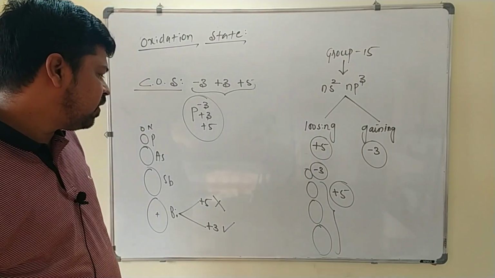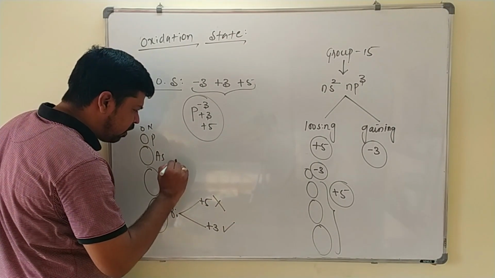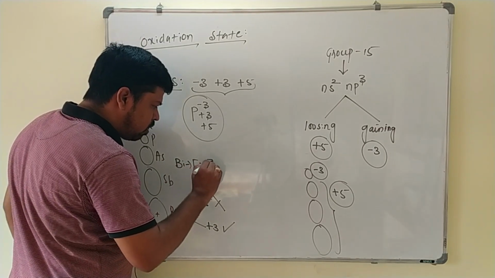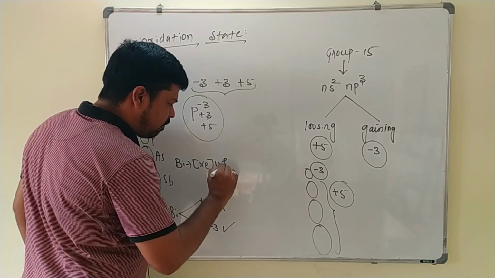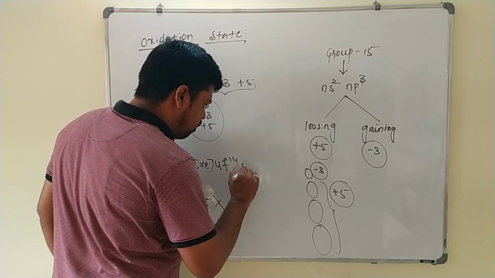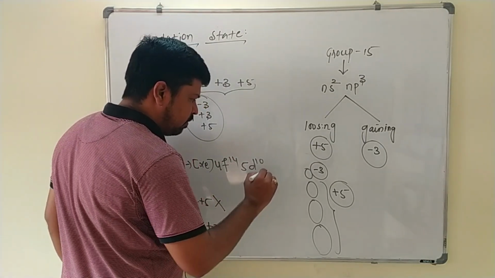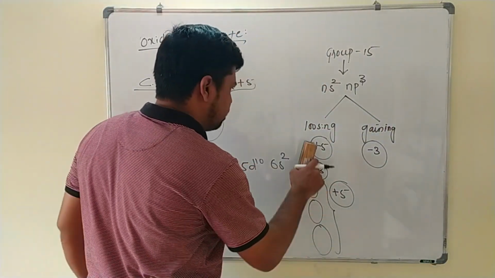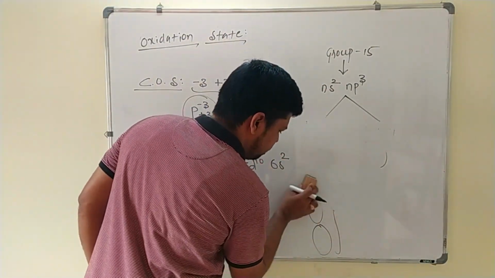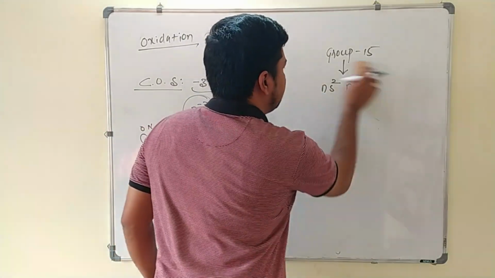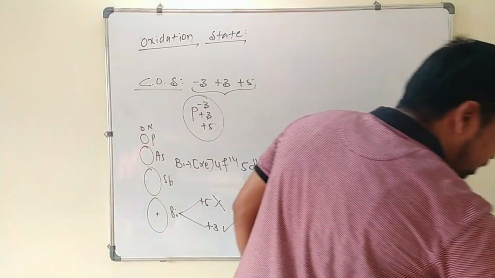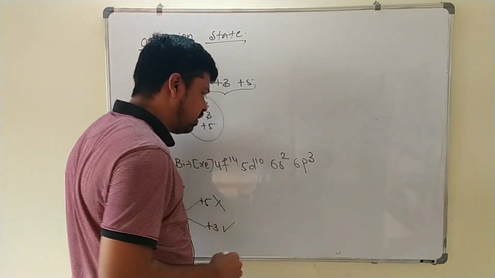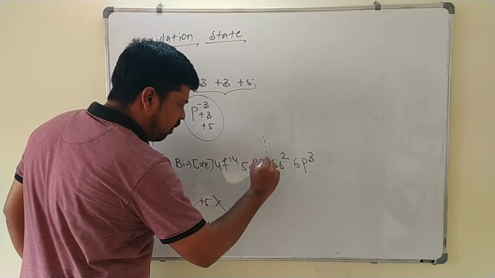The reason for this one is, the electronic configuration of bismuth is what here? This is xenon 4f14 5d10 and this is 6s2 and 6p3. Okay, and these are the valence electrons.